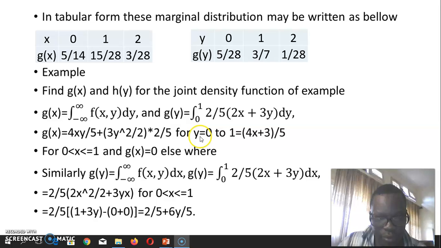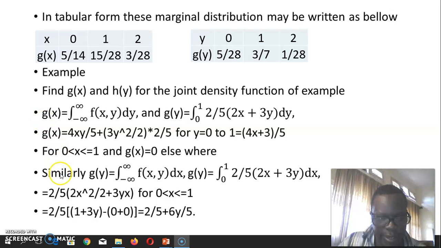So when you substitute for y equals 0 to 1, you will get 4x plus 3 out of 5. So for x in the interval of 0 to 1, and g of x is equal to 0 elsewhere, you will have this as the marginal distribution of x.